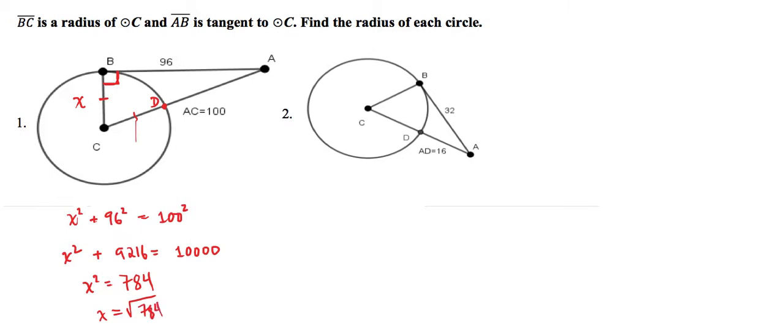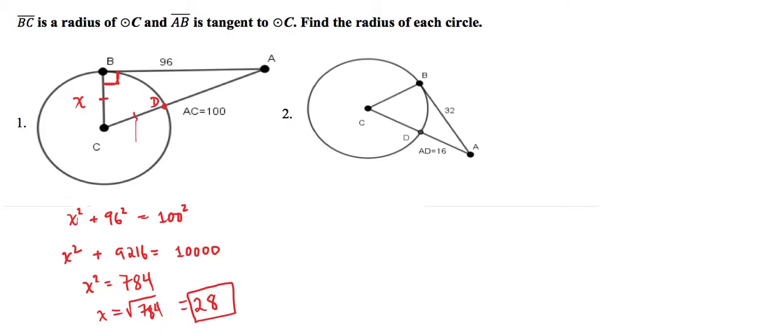And I think this is going to turn out to be a nice number for us, which is exactly 28. So the radius of the circle here is 28. Notice we didn't really use the fact that these two line segments, CD and CB, are congruent, but it's good to put it in there anyways.